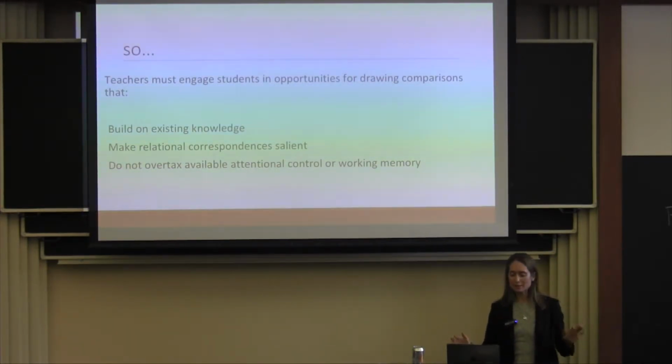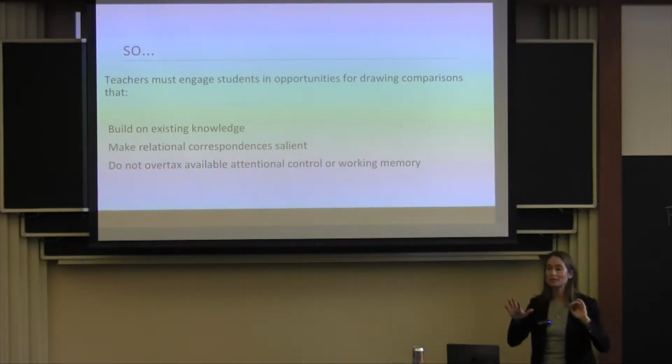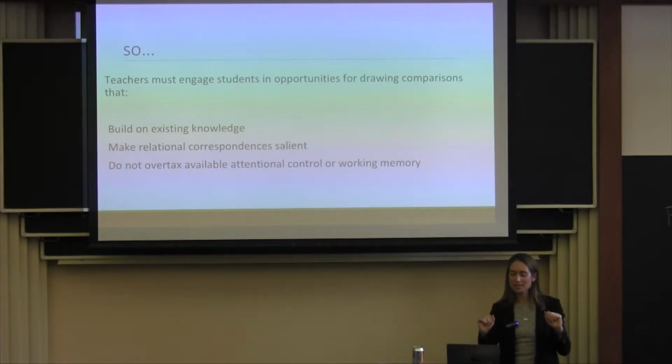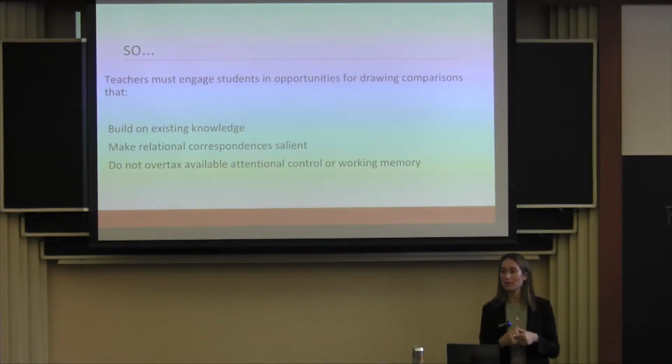Okay, so in a classroom, if we take these two ideas, that we need knowledge and we need working memory and executive function resources, teachers need to engage students in opportunities for drawing comparisons that build on their existing knowledge and make relational correspondences salient, so they don't overtax the available attentional control and working memory.